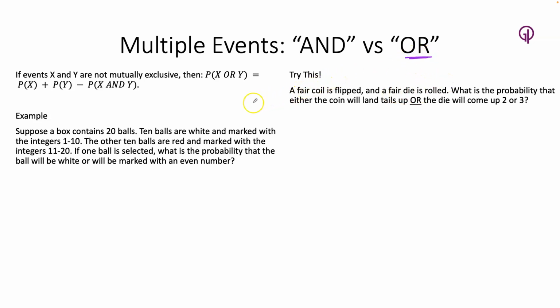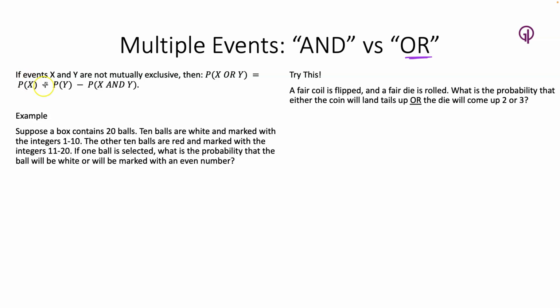If you simply add the probabilities like we did in the previous example, then we will be double counting the instances when both events occur. So what we have to do with such problems is subtract out the probability that both events will occur.